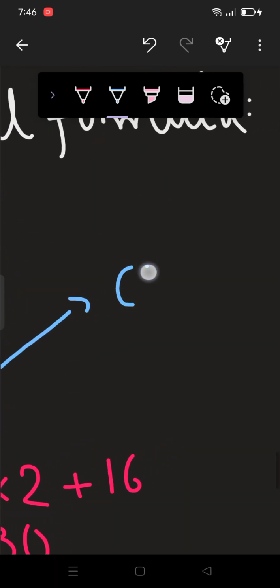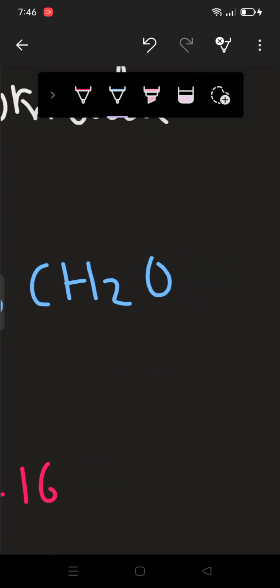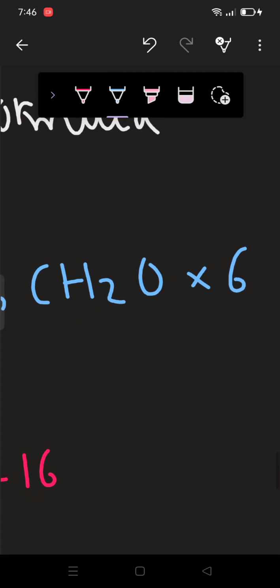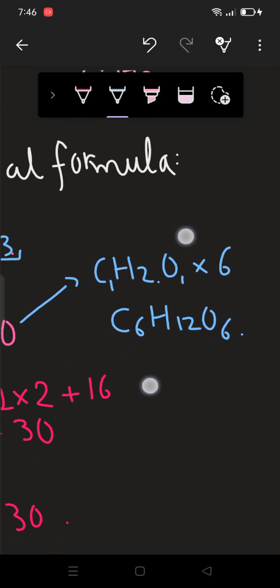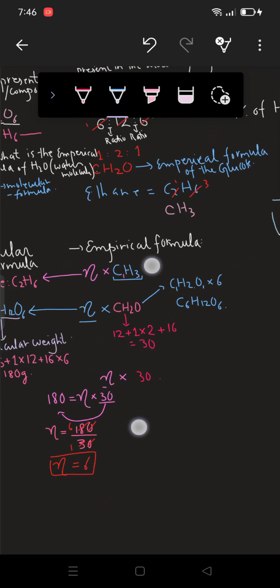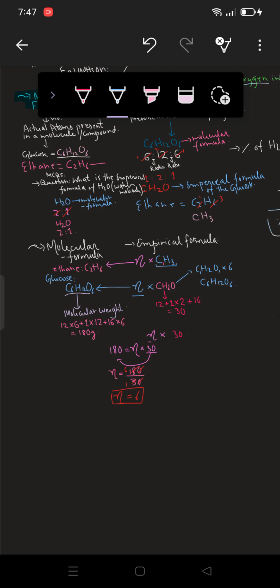Basically the empirical formula is CH2O and n is equal to 6. So here we have 1 multiplied by 6 is 6, right? 2 multiplied by 6 is 12 and 1 multiplied by 6 is 6, right? So C6H12O6, we have basically got the molecular formula.